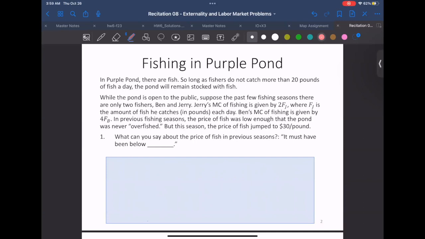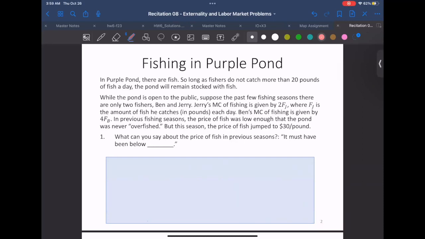In Purple Pond, there are fish. So long as fishers do not catch more than 20 pounds of fish a day, the pond will remain stocked with fish. While the pond is open to the public, suppose the past few fishing seasons there are only two fishers, Ben and Jerry. Jerry's marginal cost of fishing is given by 2FJ, where FJ is the amount of fish he catches in pounds each day.